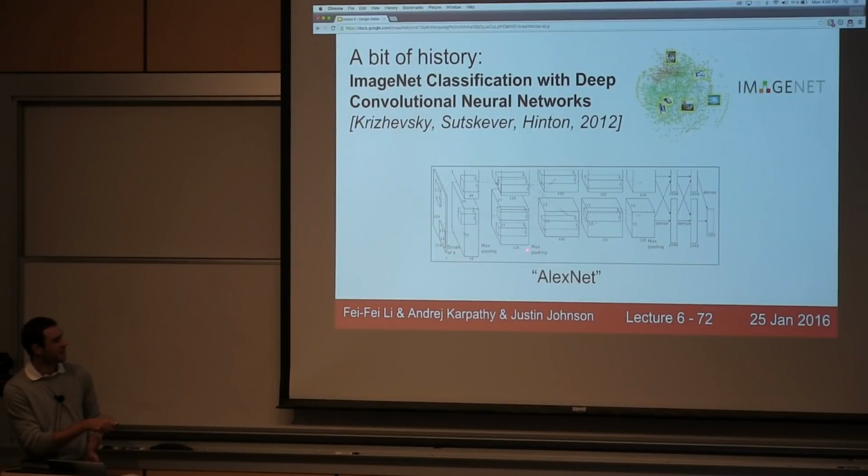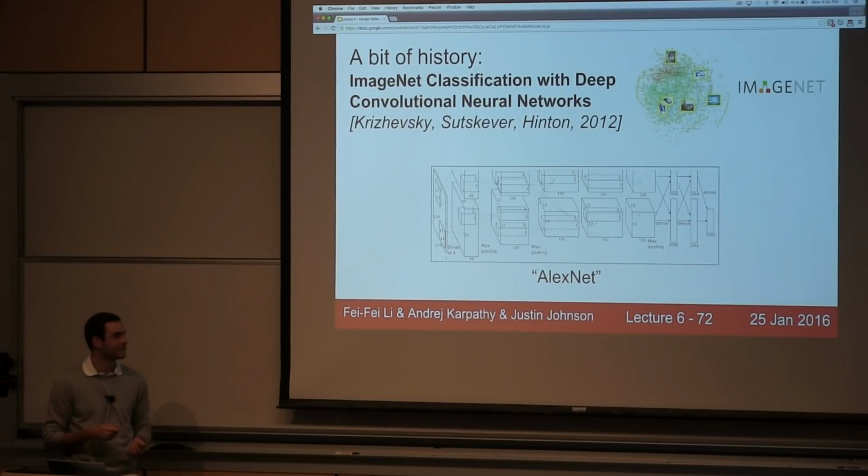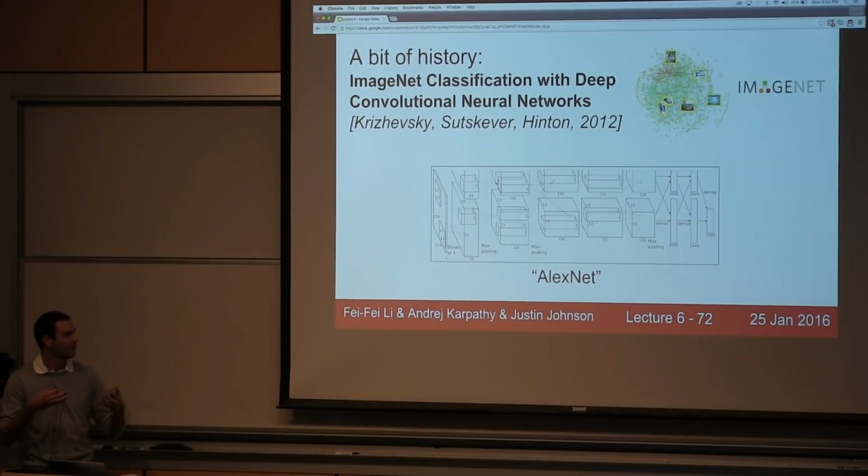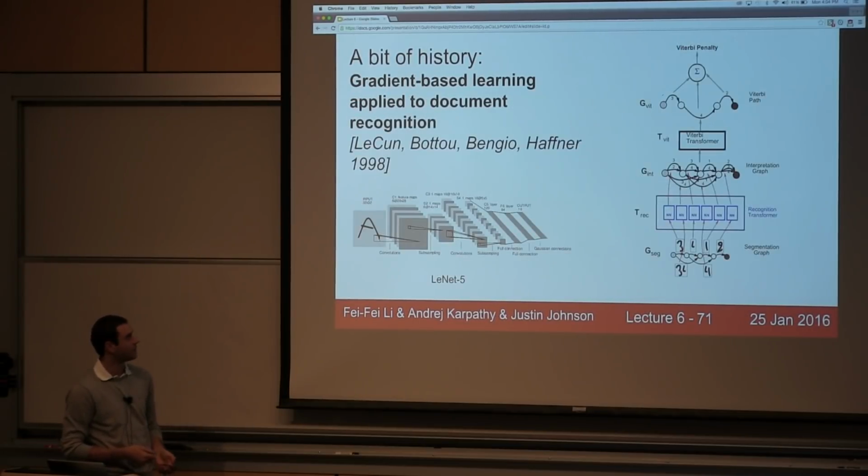And it was bigger and deeper, and it was trained on GPU, and it had more data. That's roughly the difference. And so really what we've done is we figured out better ways of initializing them, and it works better with batch norm, and ReLUs work much better. But other than that, it was just scaling up both the data and the compute. But for the most part, the architecture was quite similar.